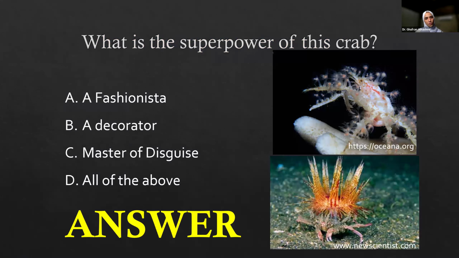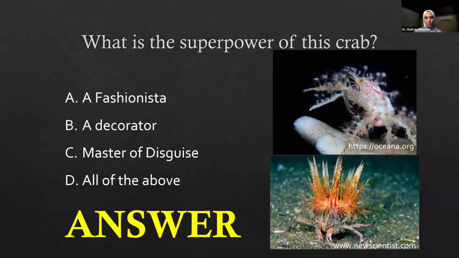What is the superpower of this crab? I'm not sure what you all answered, but the answer is actually all of the above. This crab is called a decorator crab. The crab has these things like Velcro extensions, and he puts things on top of his back to camouflage, even other structures.